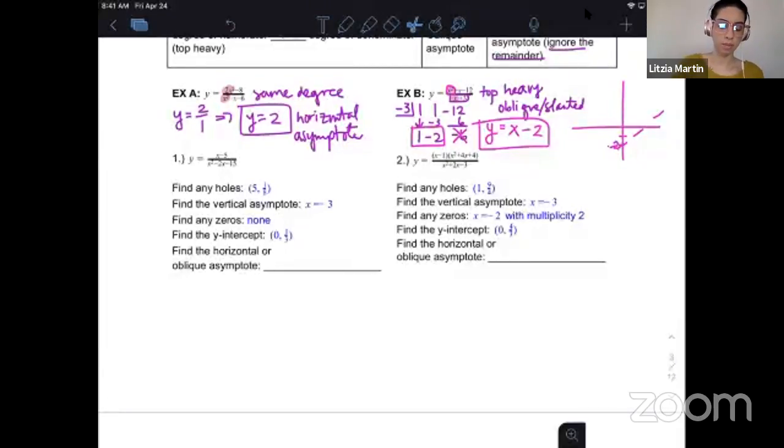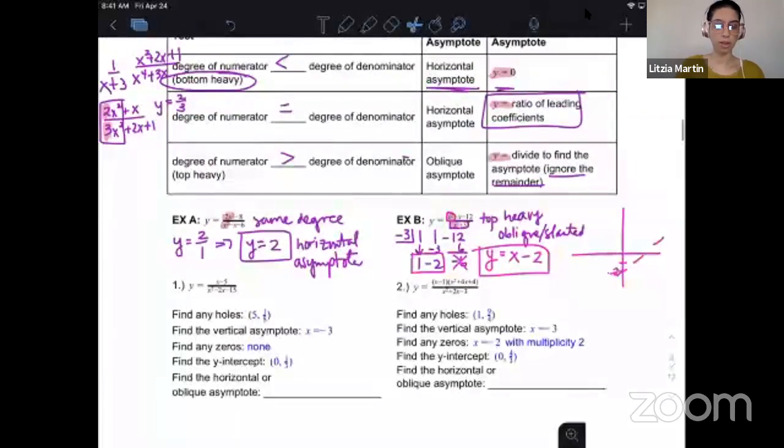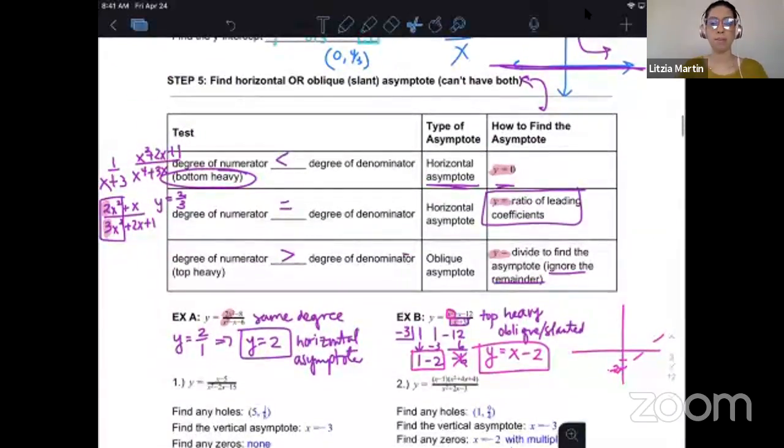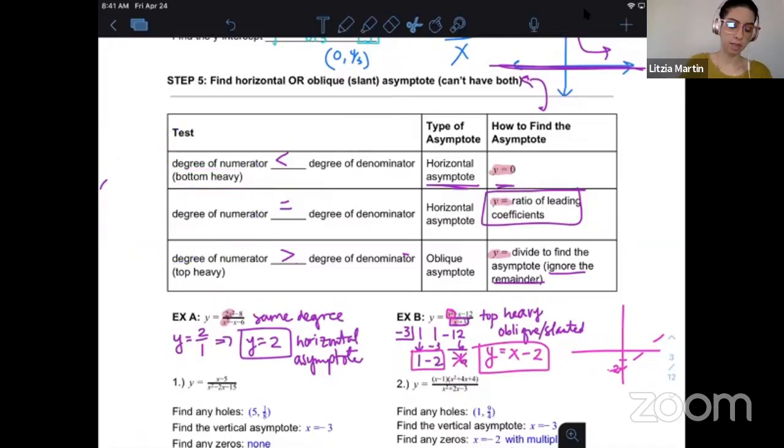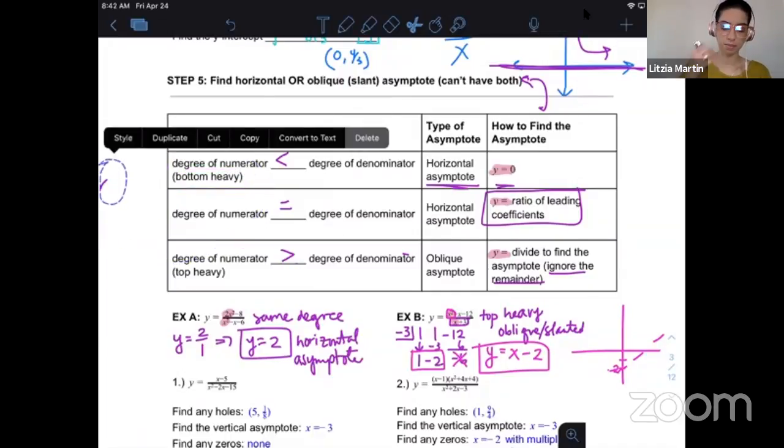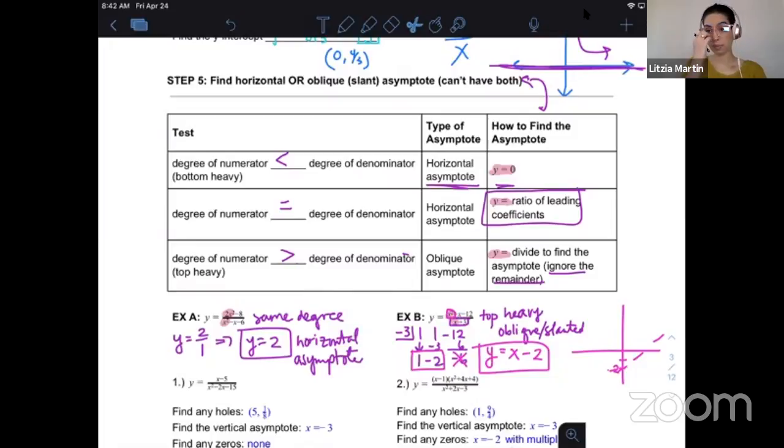So really quickly, before we go into any examples, I want to just go over what our different tests are. Let me clear this out so we can do things a little bit more easily. So it's all about the degrees of our rational function.